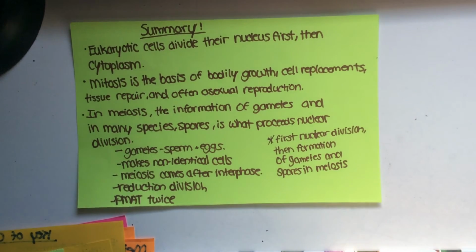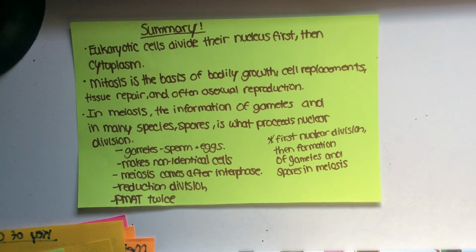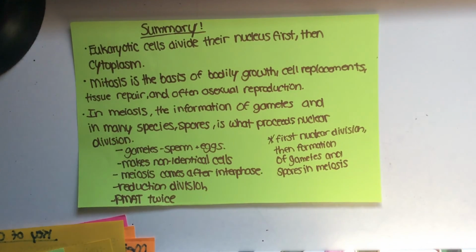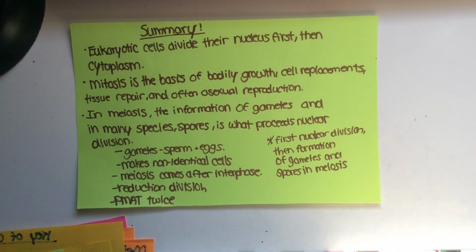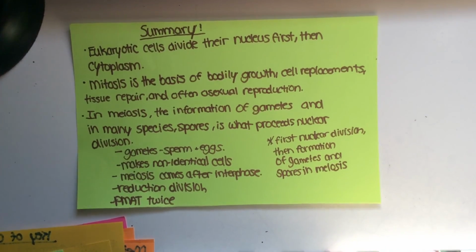Meiosis makes non-identical cells. Mitosis makes identical cells. Meiosis comes after interphase, and it's the reductive division of cells. In meiosis, PMAT occurs twice, and if you watched my other video on mitosis, you'd know what PMAT means. So first nuclear division, then formation of gametes and spores in meiosis.